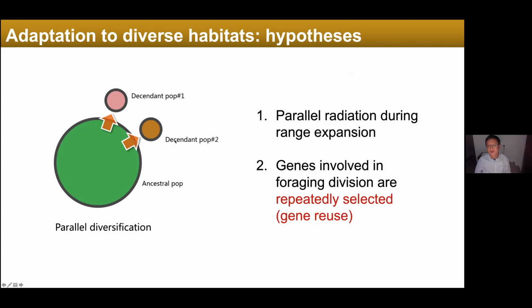So I think in layman's terms, we could put it this way: the honeybee tended to use the same set of genes in different locations, so that they could become adapted to various local conditions. So basically, I use this as an alternative for repeated selection.